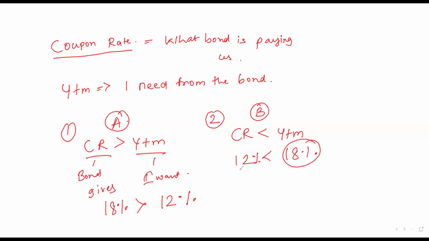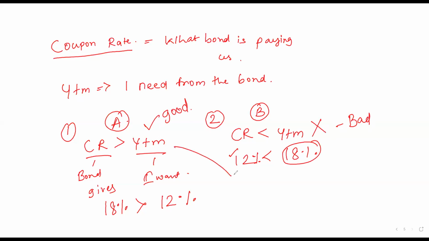I want 18 rupees from you, but you are giving me 12 rupees. So that is a red flag, right? This is a bad bond or a poor quality bond. This is a good bond, a premium quality bond.